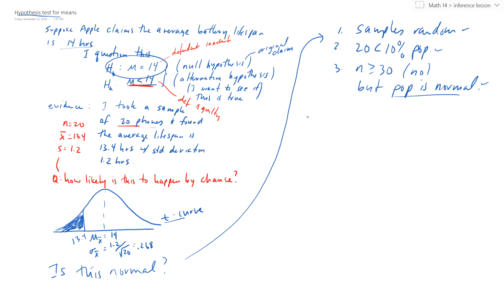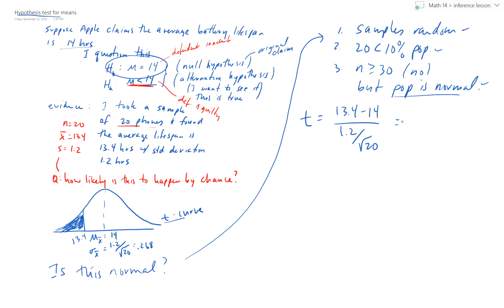We can do it 2 ways. We can look up the t-score. Instead of z, it's a t. It's 13.4 minus 14 over 1.2 divided by the square root of 20, and I can look that up on the table. Now, we haven't done the table for the t-scores. We're just going to use our calculator, and I'll show you the table in class.